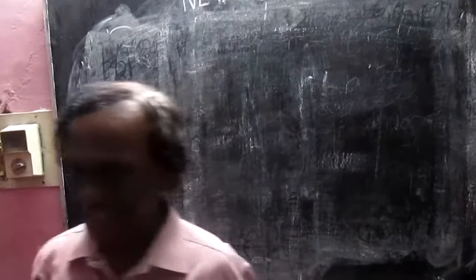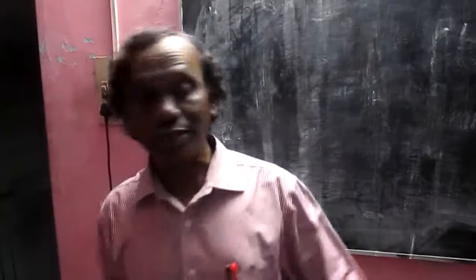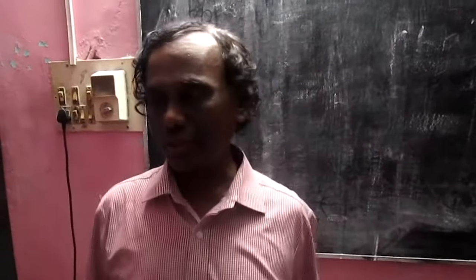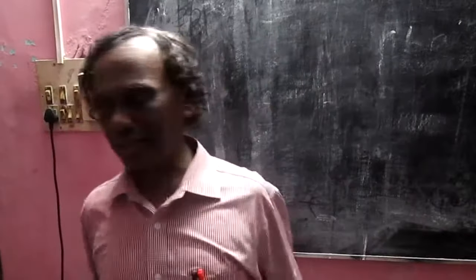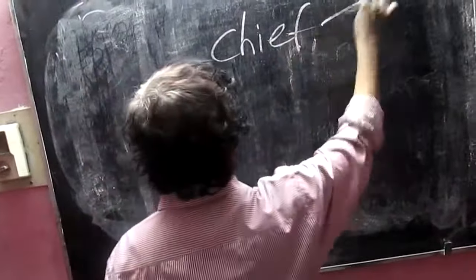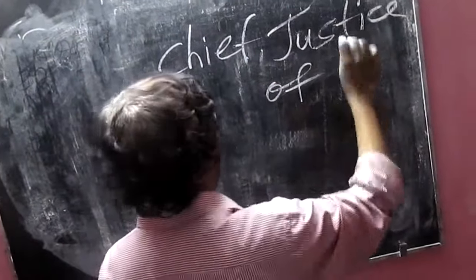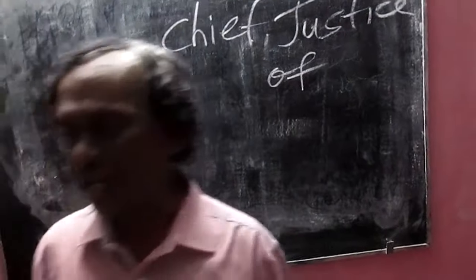Number 3, if both president and vice president are not available, the Chief Justice of India will become acting President of India.